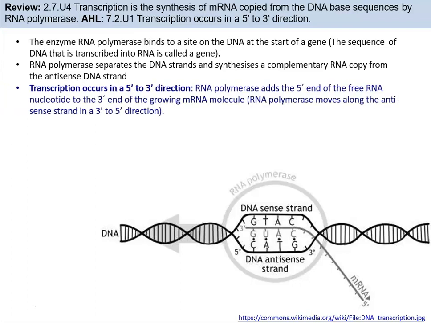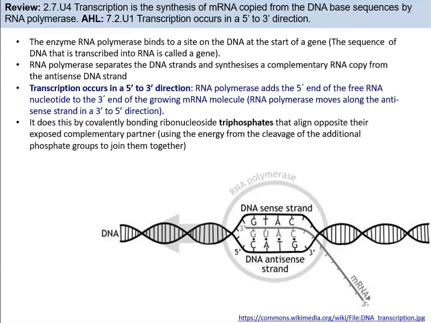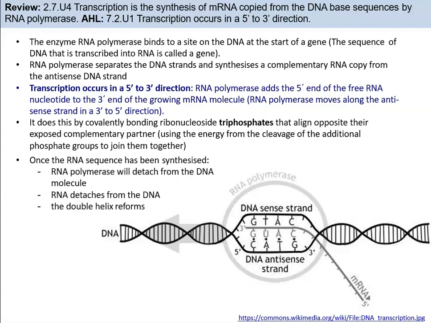The transcription happens in the 5' to 3' direction, and it does this by covalently bonding ribonucleotide triphosphates that align opposite their exposed complementary partner, using the energy from the cleavage of the additional phosphate group to join them together. So these are the things that we have already discussed on transcription.